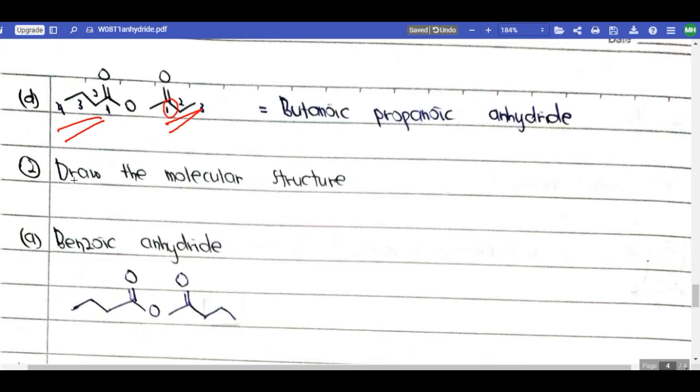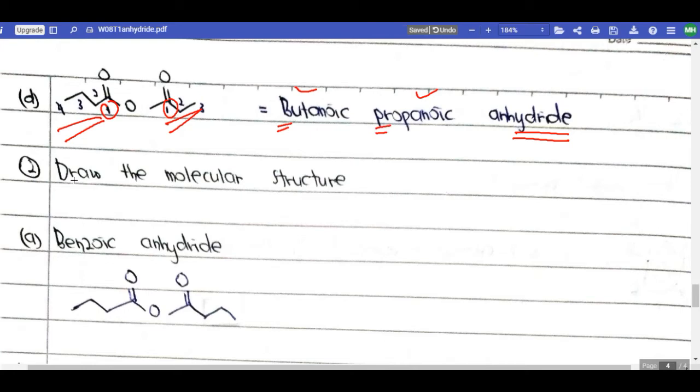Please take note, the first position belongs to the C double bond O. So on the right side we have propanoic. On the left side we have butanoic, and don't forget to identify it as anhydride. So when we arrange it, it will become butanoic propanoic anhydride based on alphabetical order.